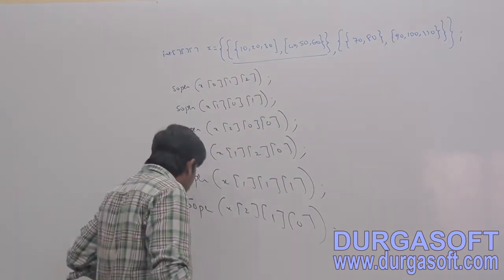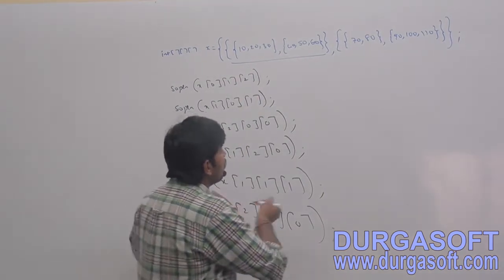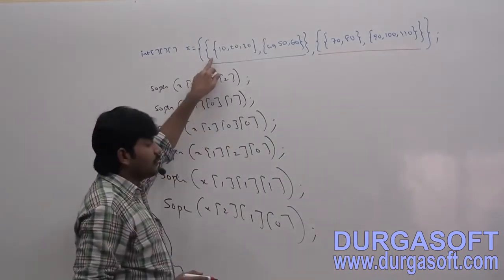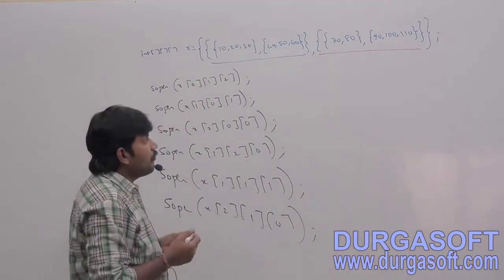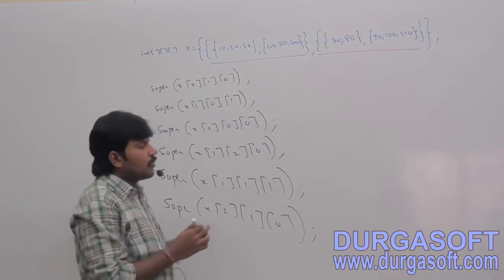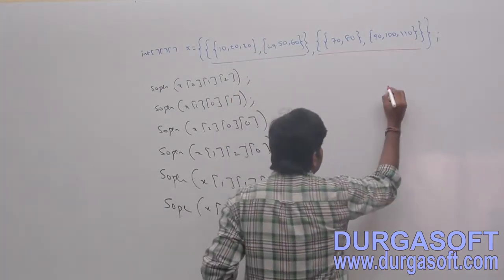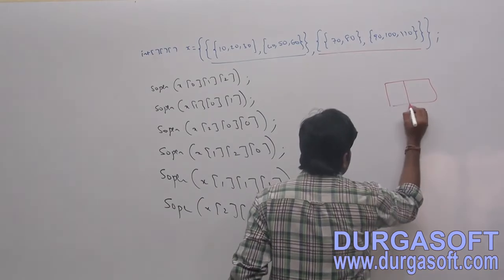Let me convert. Can you tell what is the dimension of this array? 3 dimension, 3 curly braces. What is the base size? 2: first 2-dimensional array, second 2-dimensional array. That's why the base size is 2.